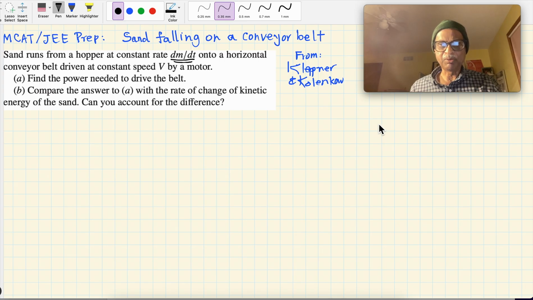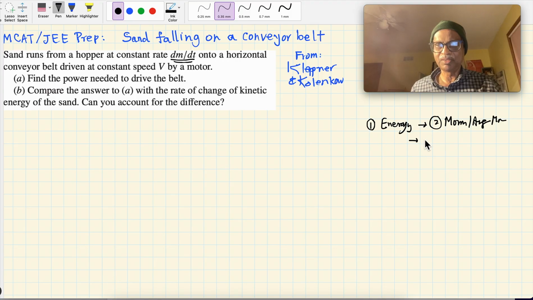So remember, problem solution, when you read the problem, the first thing to think about is energy conservation. Then think momentum conservation or angular momentum. We haven't done angular momentum yet, but we're going to be doing that. And then the next one is going to be your F equals ma, force conservation.